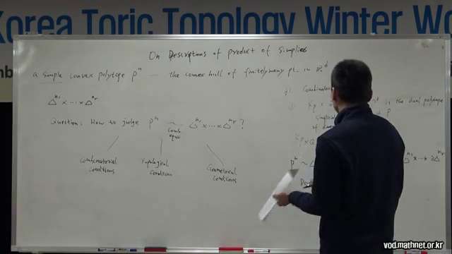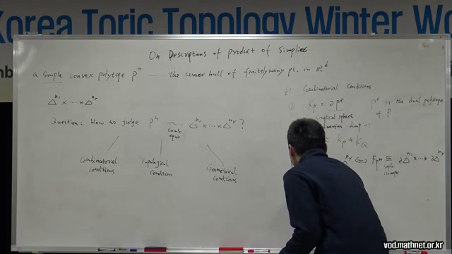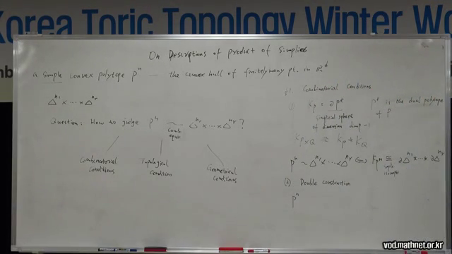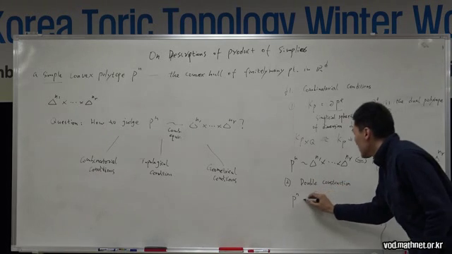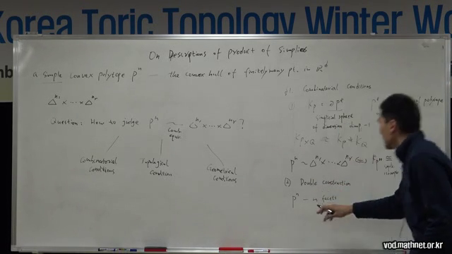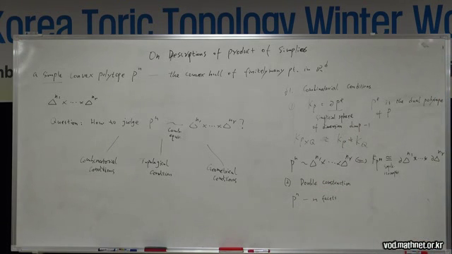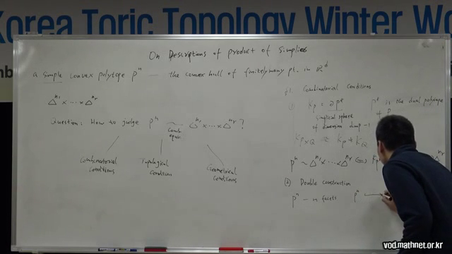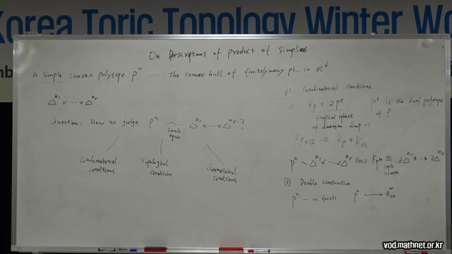Suppose P^n has m facets, then P^n can be embedded into the positive cone of m-dimensional Euclidean space by some linear map.